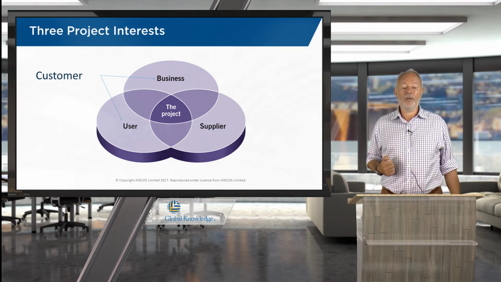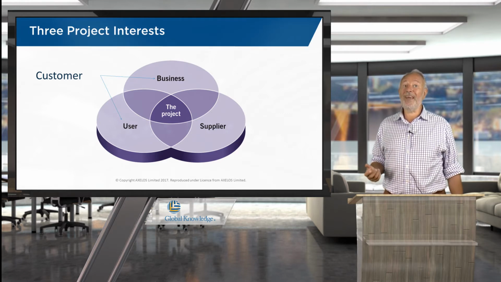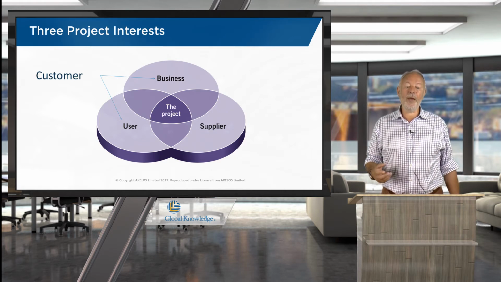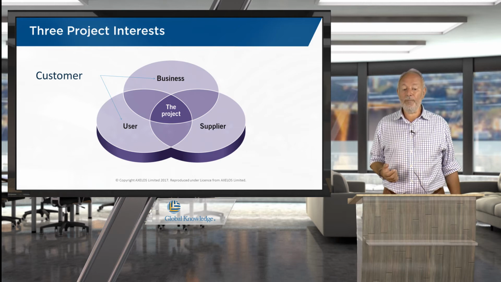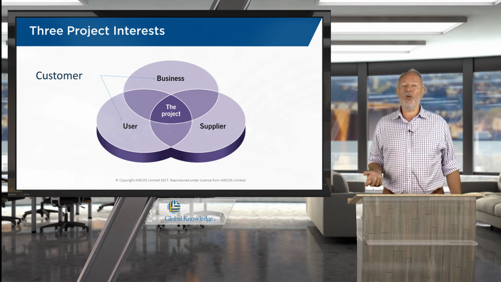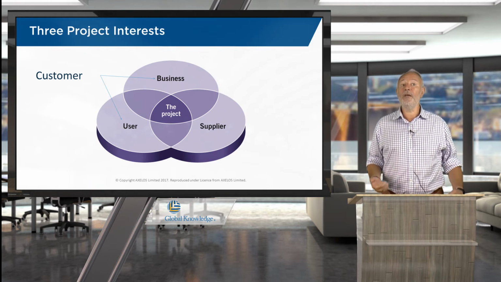So in this case, we'll see that the business and the user together become the customer. Now, they may be represented by different individuals, although they may not, but generally the business and the user roles work together as the customer. And on the other side, we have the suppliers. And that provides us then with our customer-supplier arrangement.